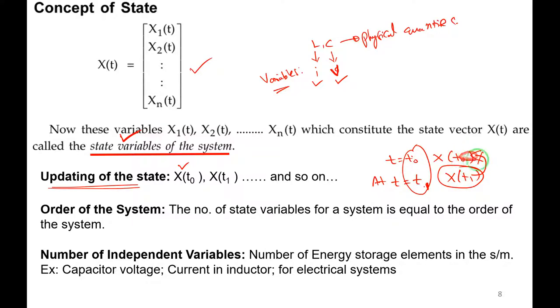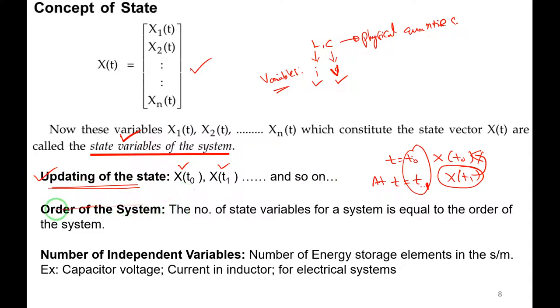The previous state should be given importance. Between time t0 to t1, what inputs we are applying, what variations are in the system. x of t1 depends on x of t0. I hope you are getting it. So x of t2 depends on x of t0 as well as x of t1 at time t equal to t2 and so on. So updating of the system is very important because then only I will get the correct state of the system.